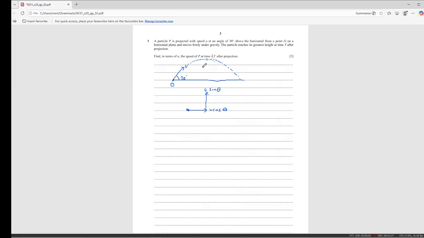As you can see, at the peak there's a formula for this.